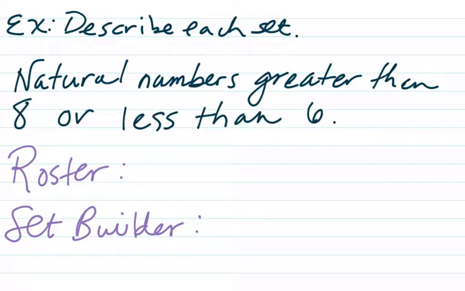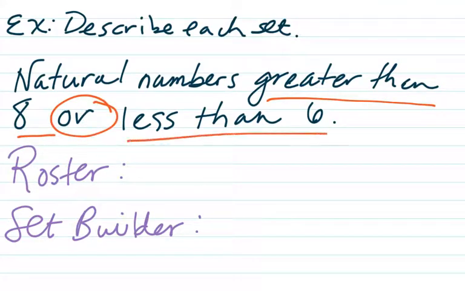Okay, this next set, we have the natural numbers that are greater than 8 or less than 6. So we include any numbers that satisfy either part of these conditions. So let's think of the natural numbers that are greater than 8. That's 9, 10, 11, 12, etc., so on forever, and the ones that are less than 6 are 1, 2, 3, 4, 5.